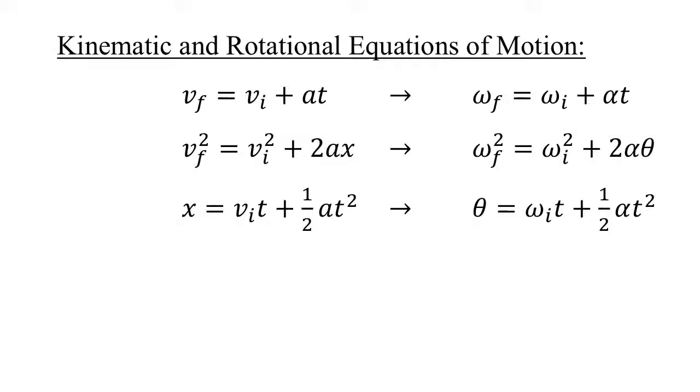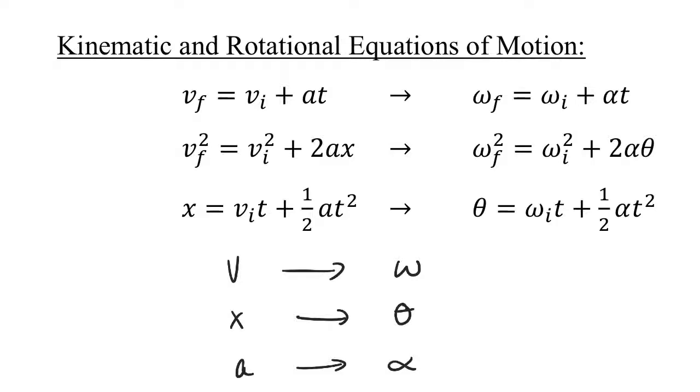Because linearly and rotationally, they are analogous to one another. If we want to jot that down, V in linear becomes omega, X in linear becomes theta, and A in linear becomes alpha.